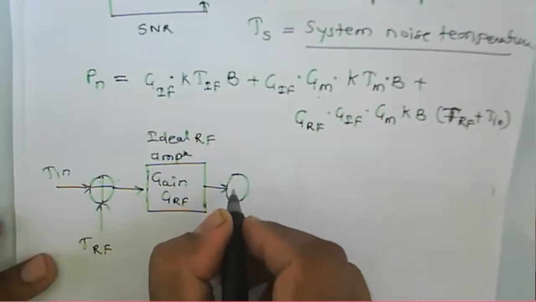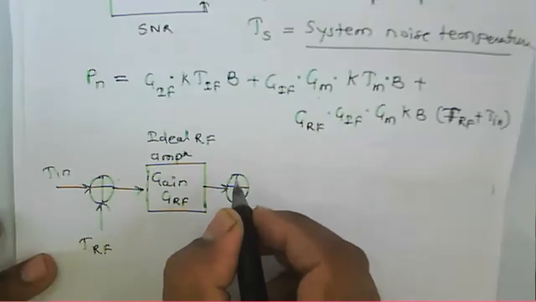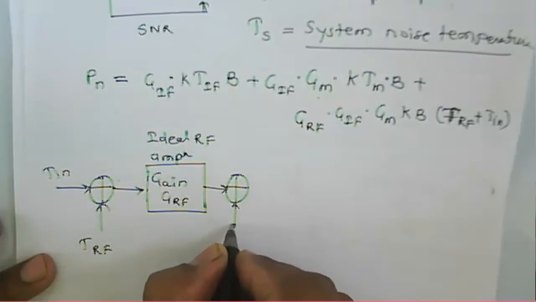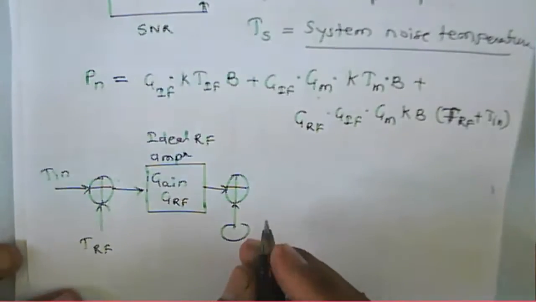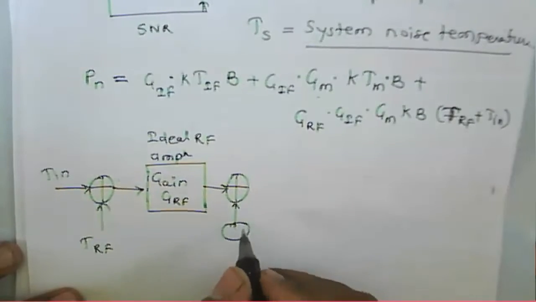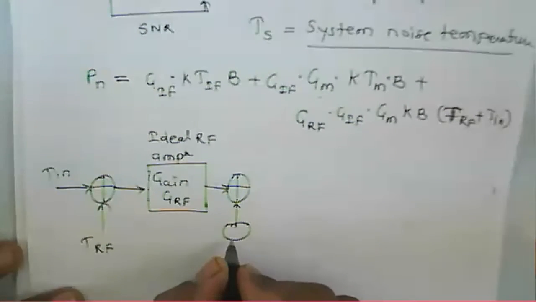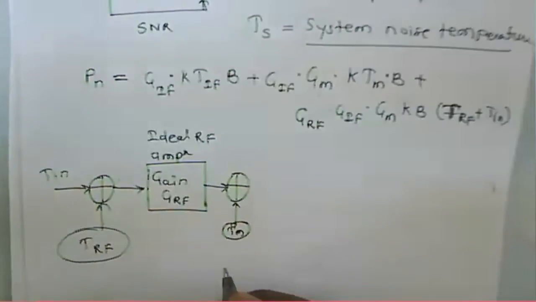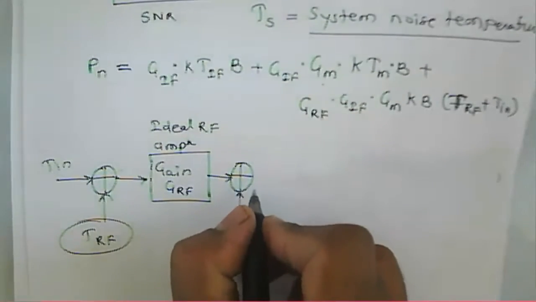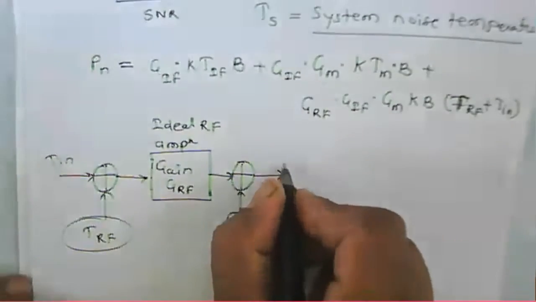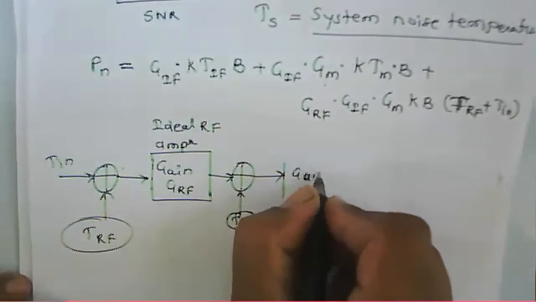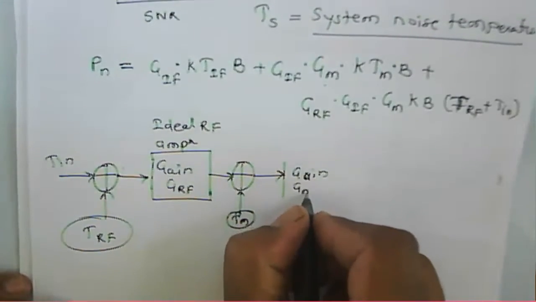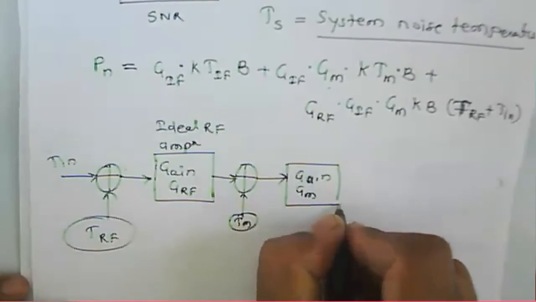Then we have the temperature for the mixer because of the down converter here. So we can say that is the temperature for the mixer, and then we have the gain of the mixer. So GM is the gain of the mixer.